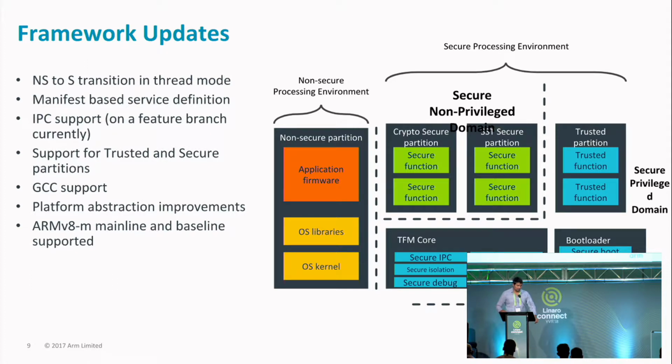There are certain parts which are still hard-coded in the code, but going ahead, it will be cleaned up. And essentially, when you want to define a service, you write your C code. You basically expose the service to the rest of the system using the manifest file, and the build system will automatically take care of generating the whole data structures and pulling in the service in the right way.